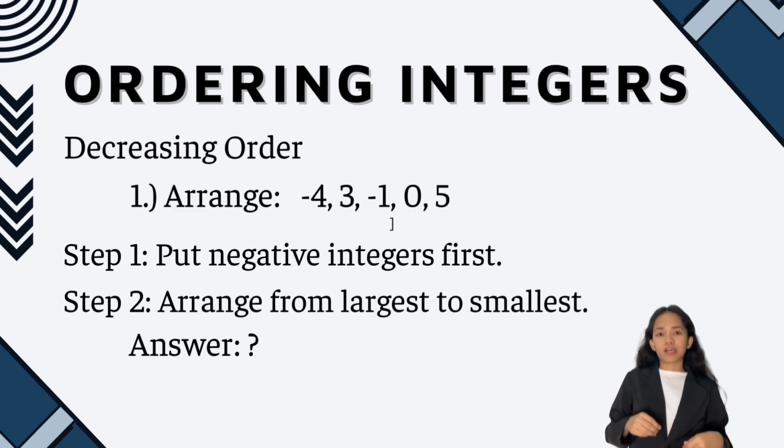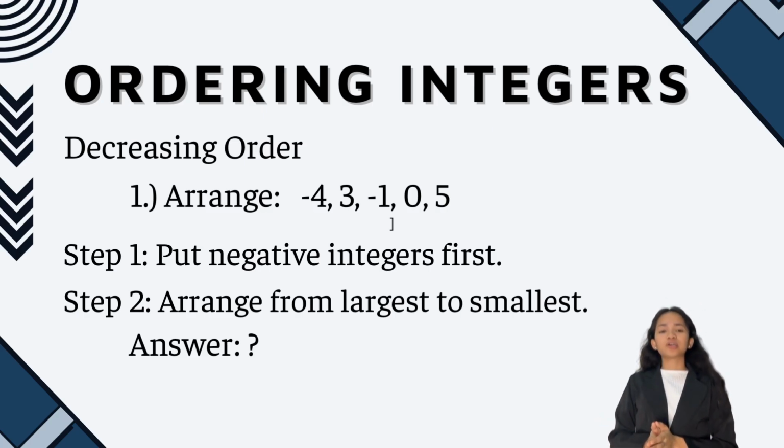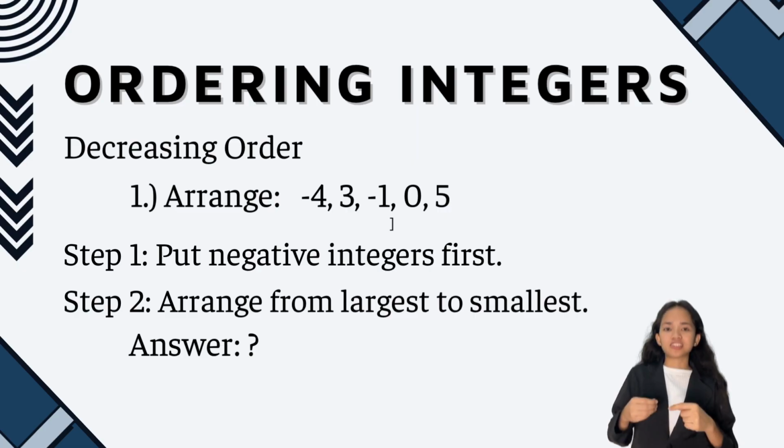The first step is the same as in ascending order: we separate the negative numbers from the positive integers and 0. After that, step 2 is to arrange them from largest to smallest. Do you now have the answer?